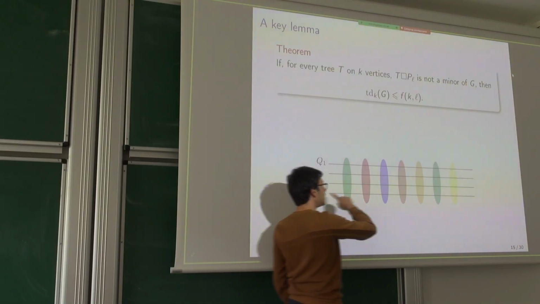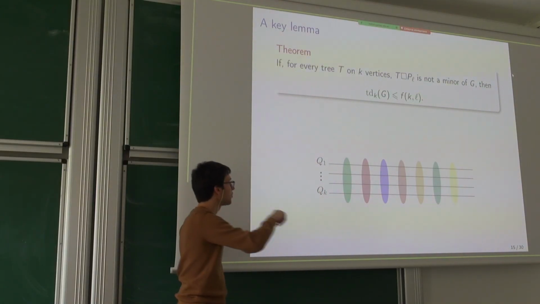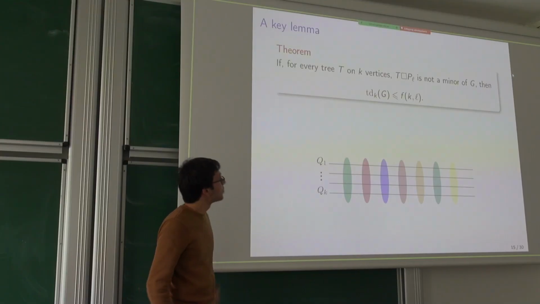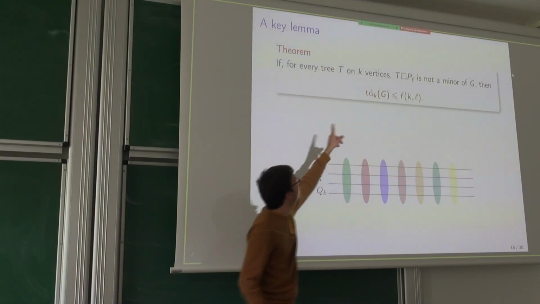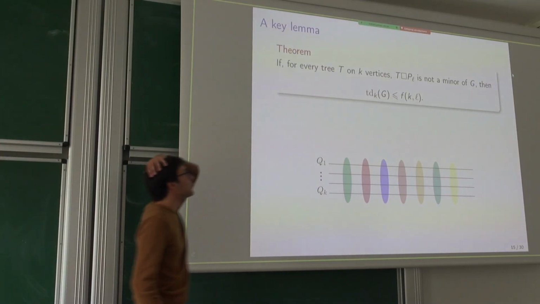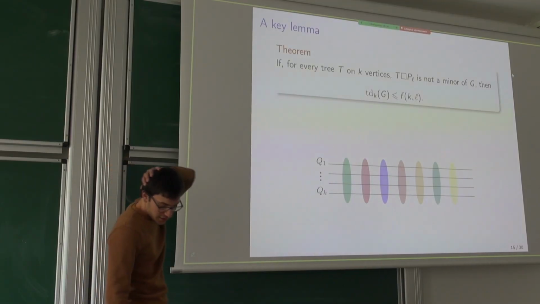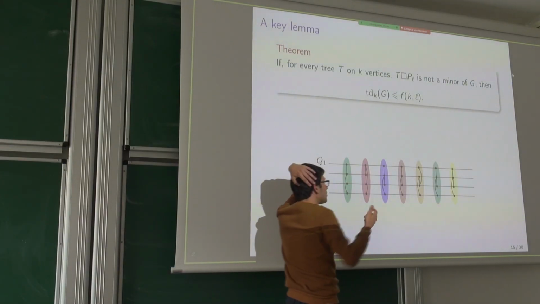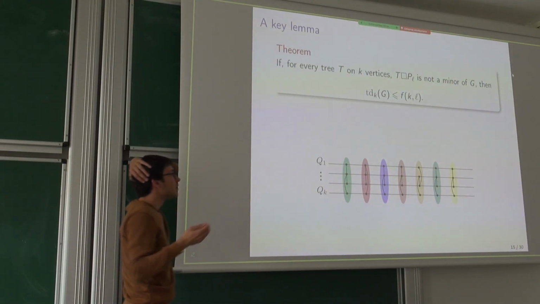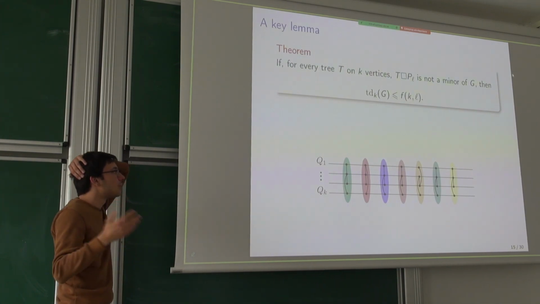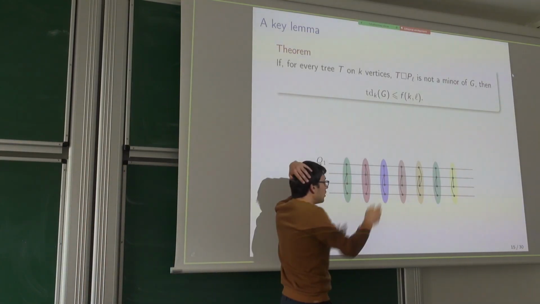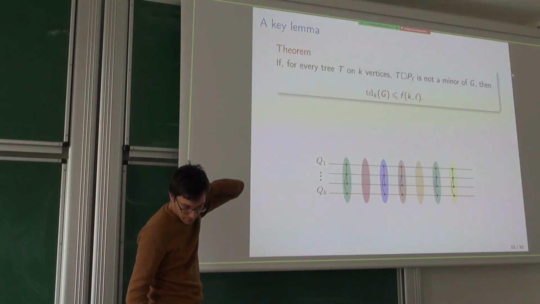So imagine you have something really like in this picture, but with every colored blob being connected. Then I claim that you will find an obstruction like this, T times PL for some tree T on k vertices. And the reason for that is that every column is a connected graph, so there is a spanning tree. Now there are only k to the k minus 2 spanning trees. So one of them will appear many times.